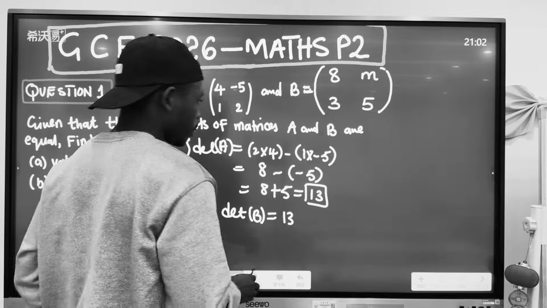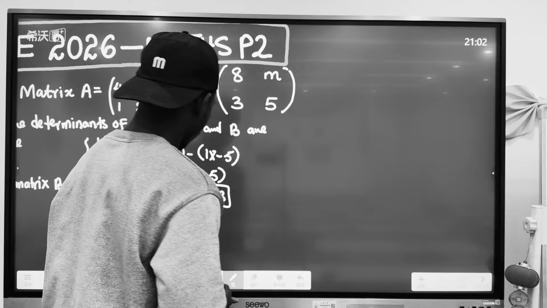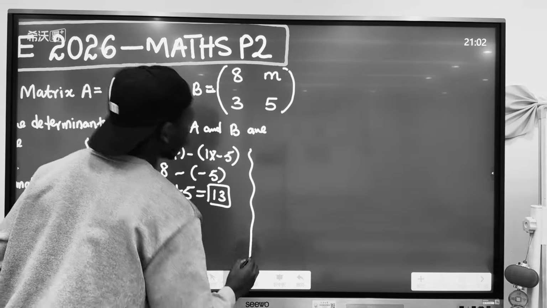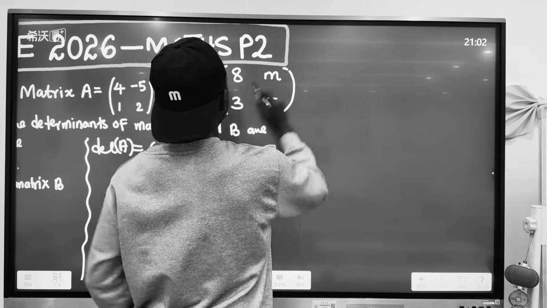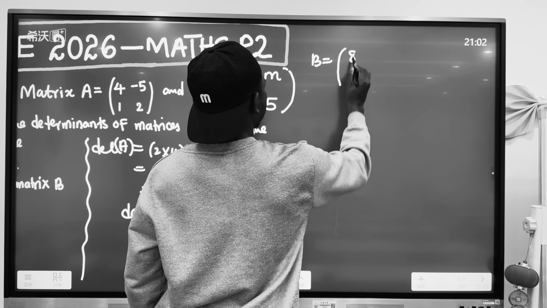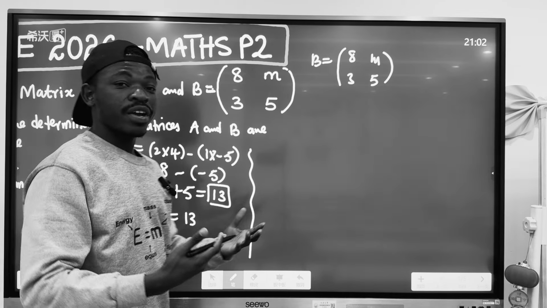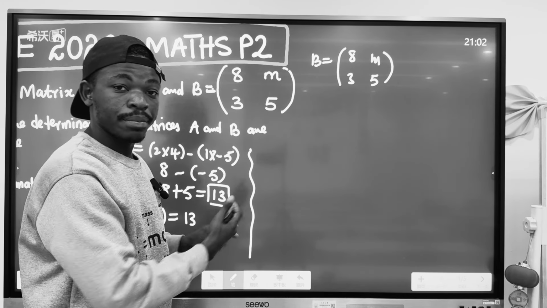Because we know that matrix B is 8, 3, M, and 5. So how do we find the determinant of matrix B? It is the same procedure.